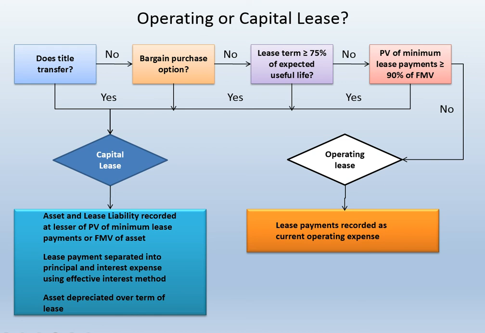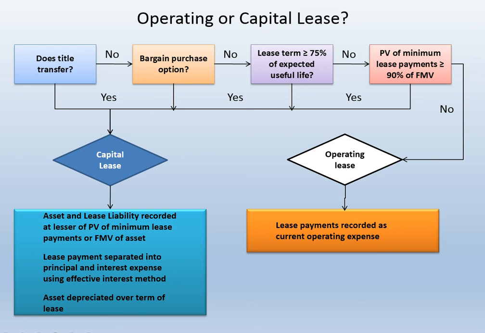The accounting, the financial statement impact of a lease liability is virtually identical to what we discussed related to installment notes payable. Every time we make a cash payment for a lease under a capital lease, part of that cash payment goes to principal, reducing the lease liability, and part of it goes to interest expense.